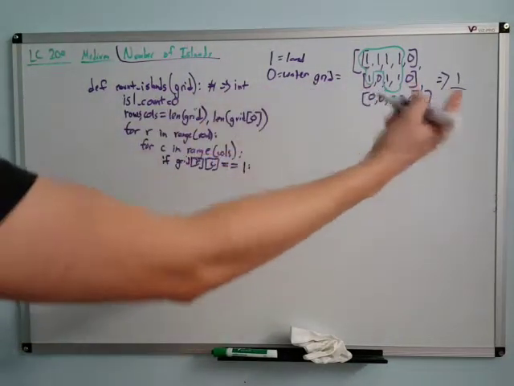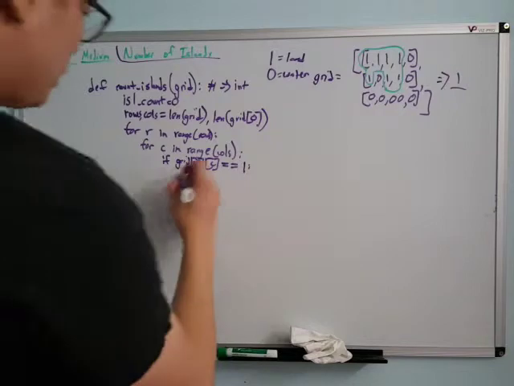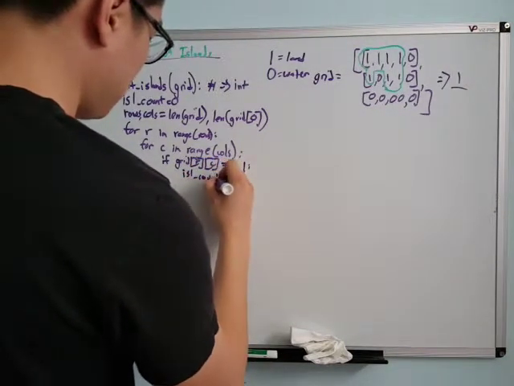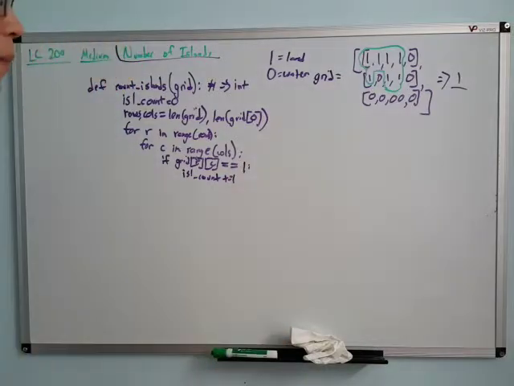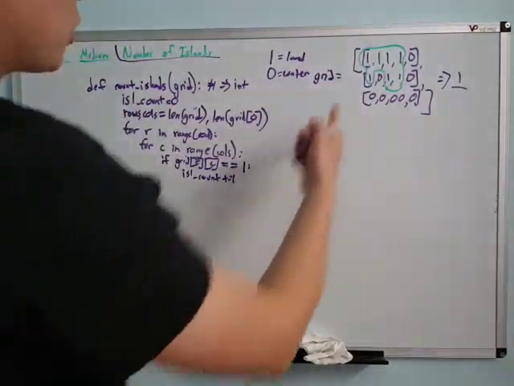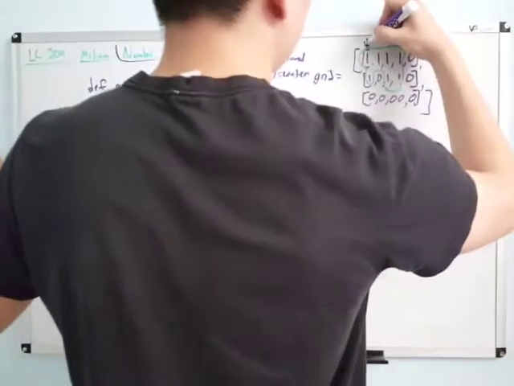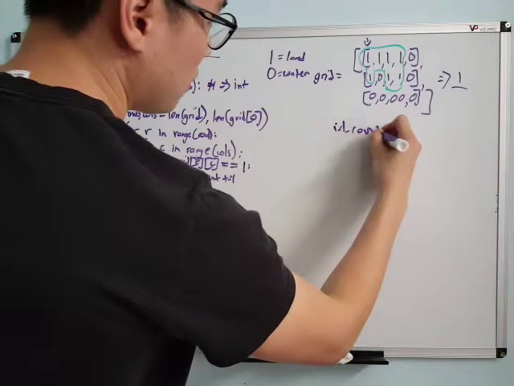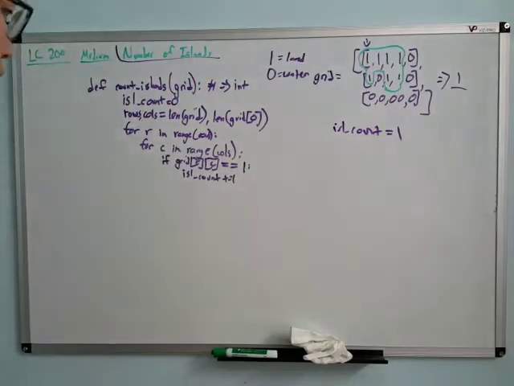We found land, so we need to increment the count value. So island count plus equals 1. You can imagine here we find this value at index 0, 0, so we're currently here, and we increment island count, which is equal to 1 right now in this iteration.